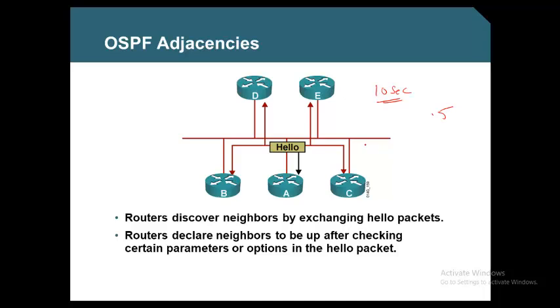This makes the other router know about this router, and they learn the neighbor if they are from the same area. I repeat, for a router to accept another router as a neighbor, what is important is the area ID should be the same. There are many other things that should be the same, but area ID is a very important thing that we should always know.